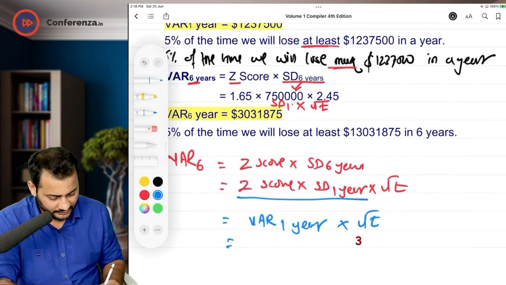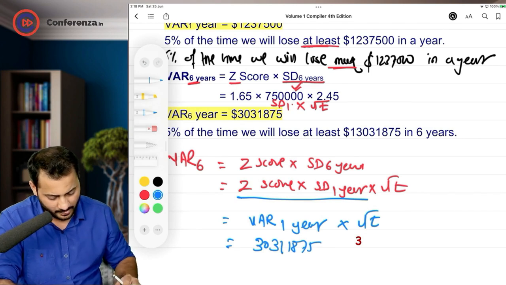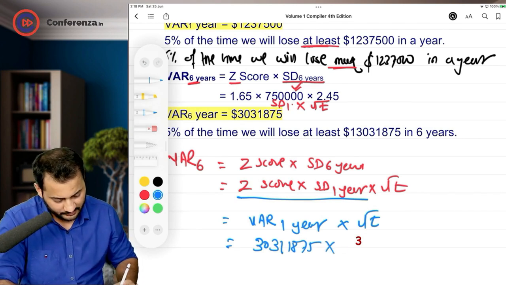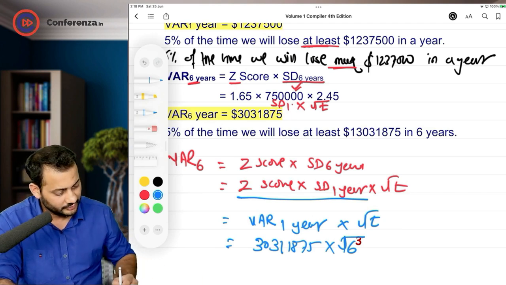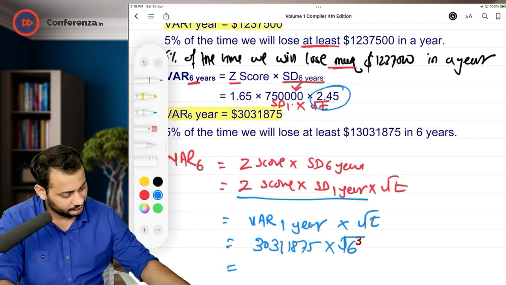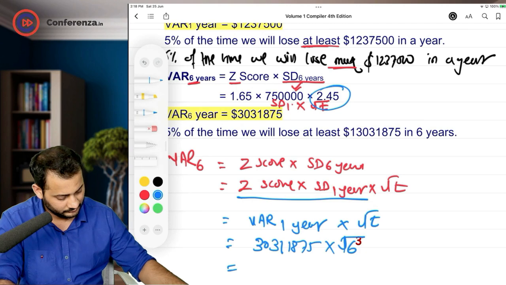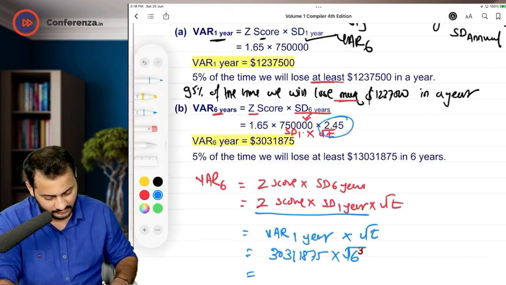VAR for 1 year is 30,31,1875. Okay, multiplied by under root 6. So if we do under root 6, it goes to 2.45. $7428093.